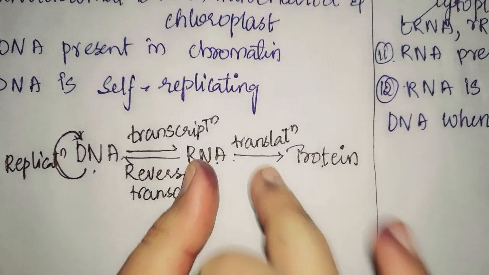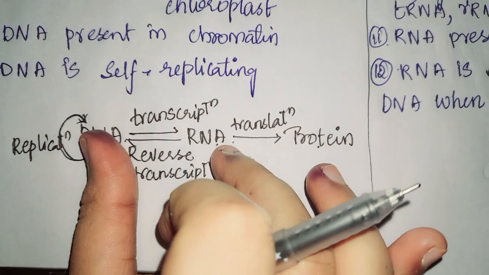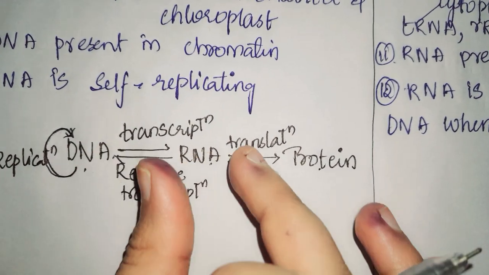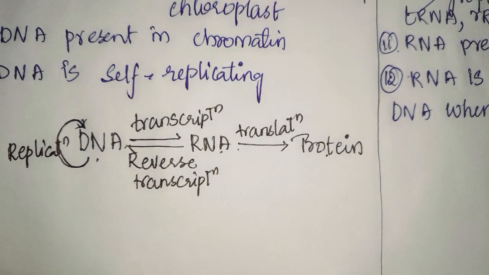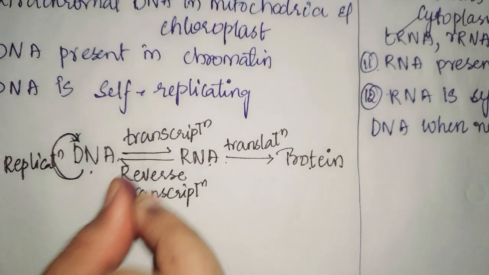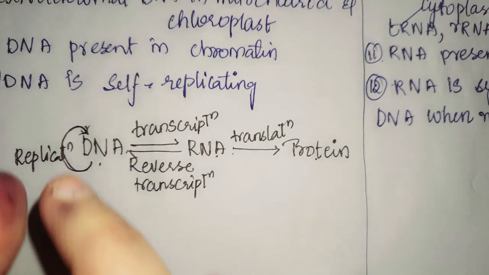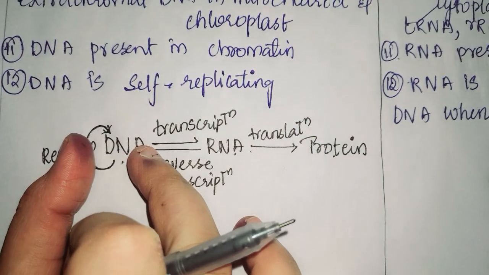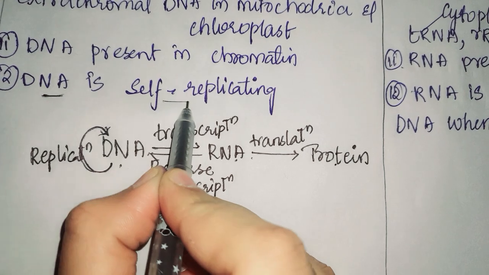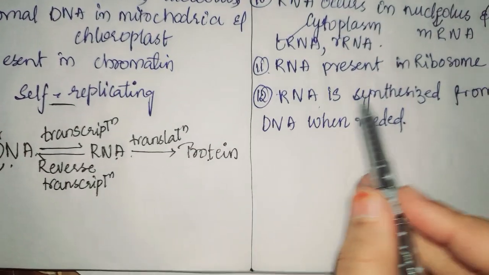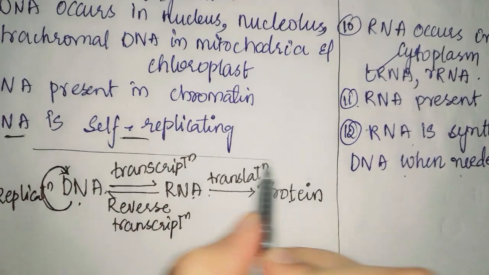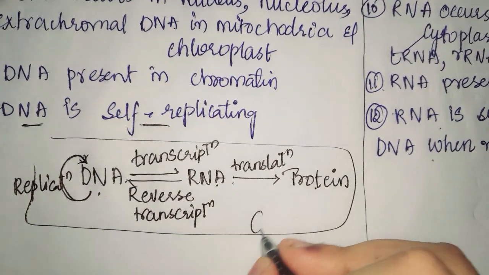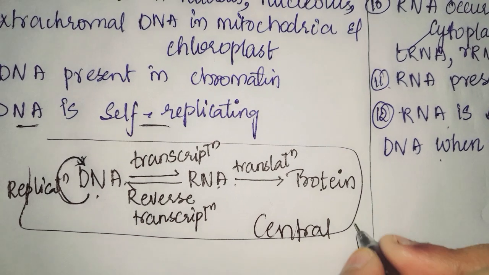RNA can synthesize the DNA only when DNA first synthesizes the RNA, then RNA can resynthesize back to the DNA. Did you get that? On reverse transcription, first DNA has to initiate the cycle. That's why DNA is called self-replicating and RNA is synthesized from the DNA when needed. Right? So this whole process we call the central dogma of life.